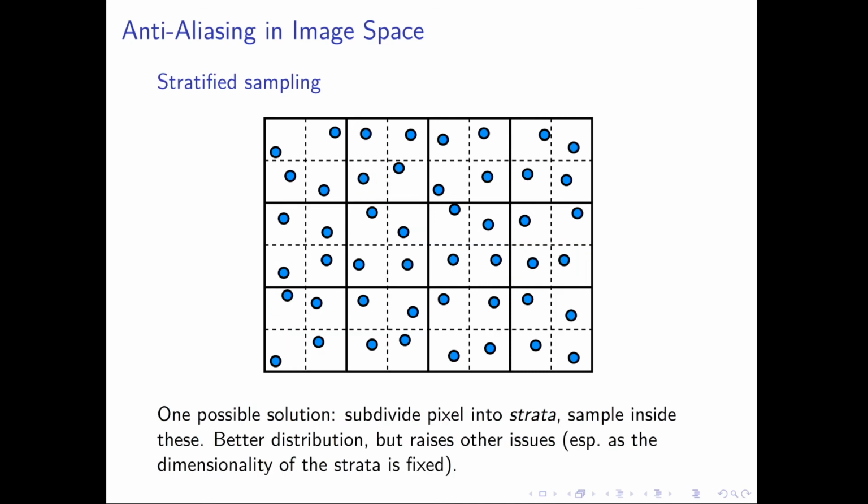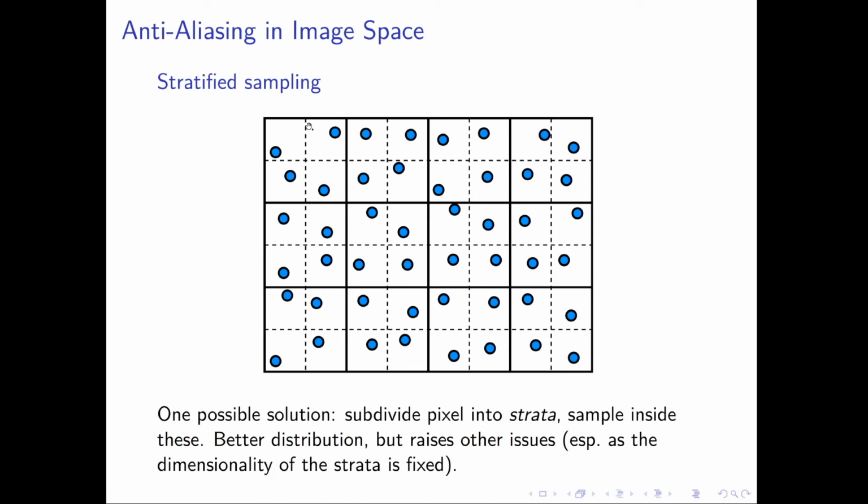And there are several ways to make our sampling patterns more efficient to avoid clustering, and one such approach is called stratification. Stratification has us subdivide our domain, like our individual pixels here, into a couple of tiles, and those tiles are called strata.